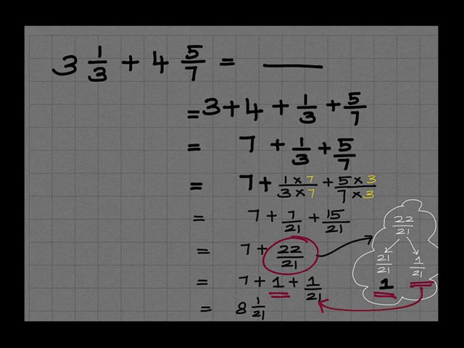So 7 plus 1 plus the other fraction, 1 by 21. So now let us again add the two whole numbers together, which is 8, and add the fraction 1 by 21.